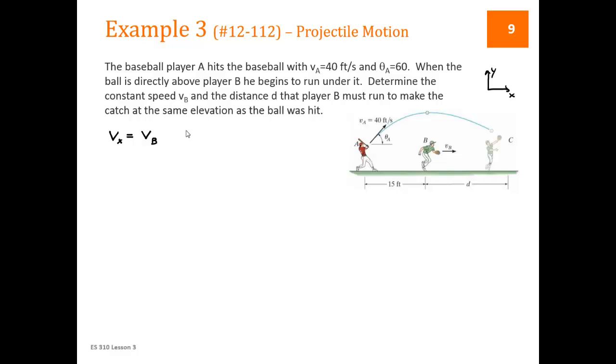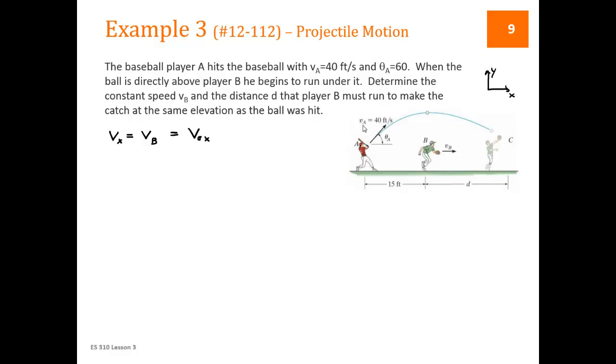It is VB. So how do we figure out the velocity of the ball in the x direction? Well, we know that the velocity of the ball in the x doesn't change, because there's no acceleration in the x. So this is also going to be the initial velocity in the x direction.